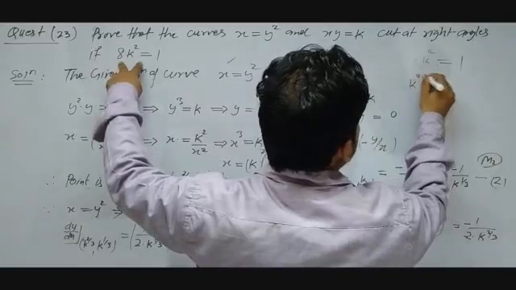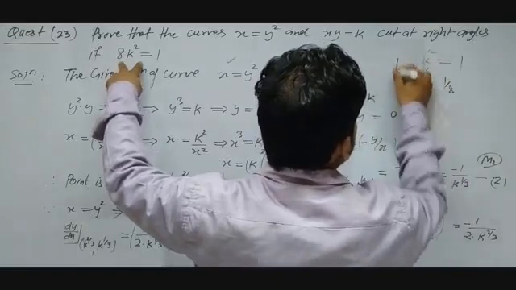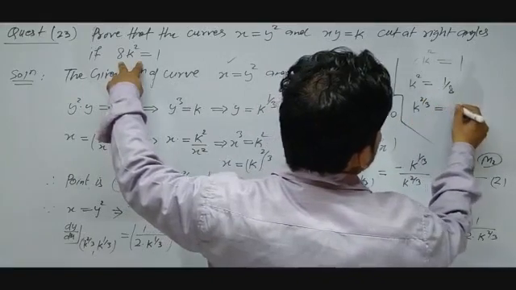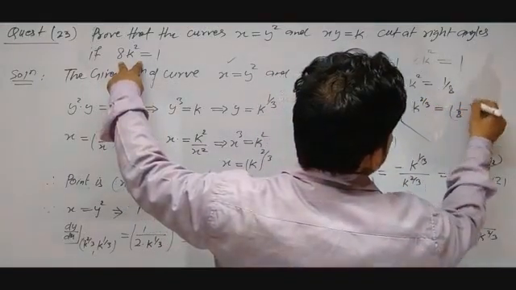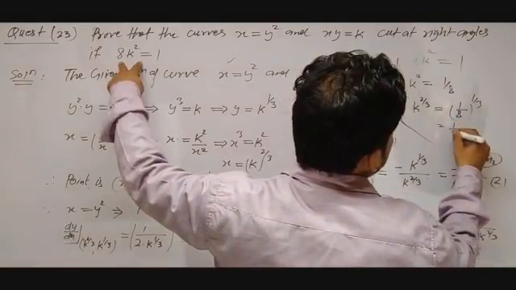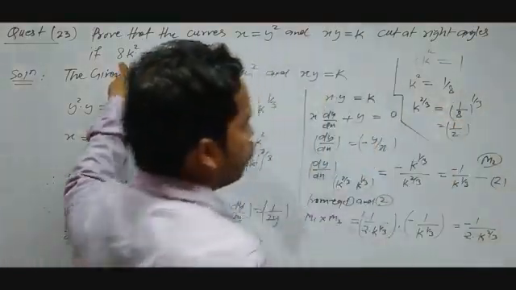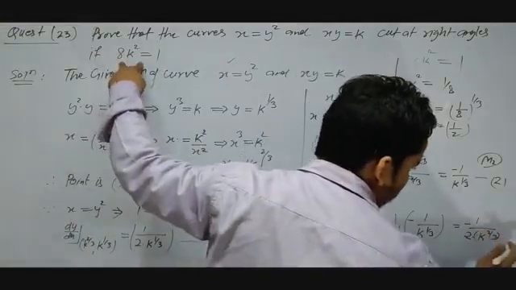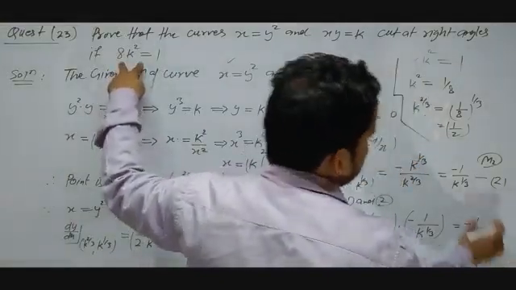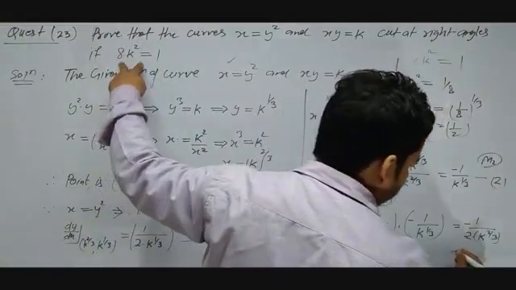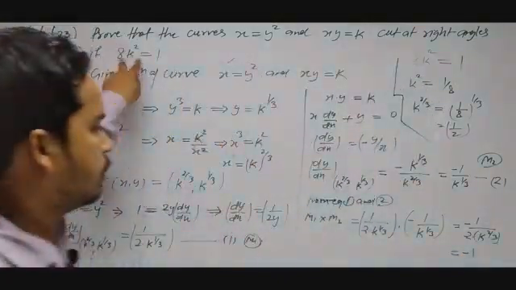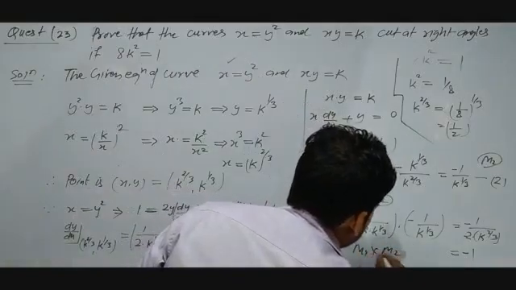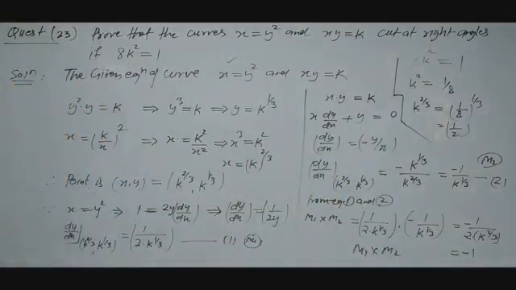This implies k square is equal to 1 by 8, and k to the power 2 by 3 is equal to 1 by 8 to the power 1 by 3, and the result you will get is 1 by 2. So k to the power 2 by 3 is 1 by 2. When you put 1 by 2 in place of k to the power 2 by 3, their product will be equal to minus 1. So m1 into m2 is minus 1.